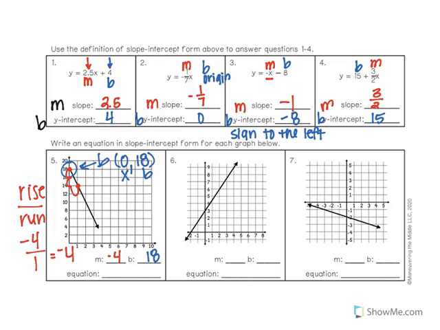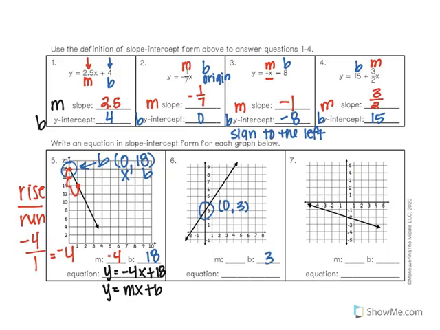When I write my equation, it's y equals mx plus b. So y equals my slope of negative 4x plus 18, which is where it crosses the y-axis. Again, my y-intercept is right here, so when x is 0, my y is my b, so my y-intercept is 3.